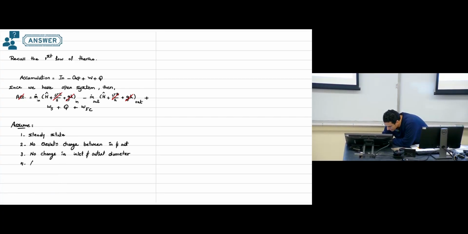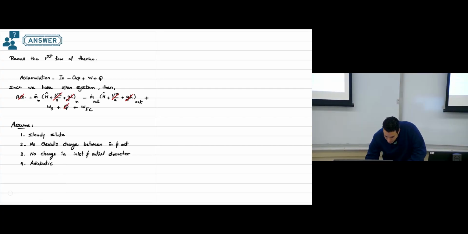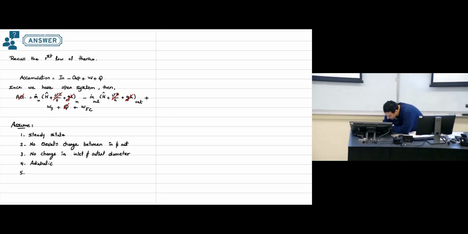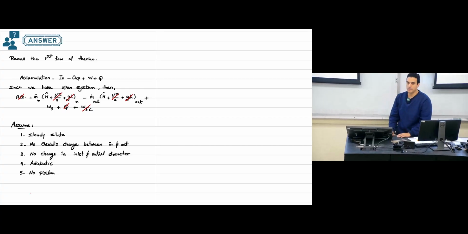This process can be assumed to be adiabatic. And adiabatic means we don't have any heat transfer between the system and surrounding. And we don't have piston. So this means we don't have any expansion or contraction happening due to piston movement.